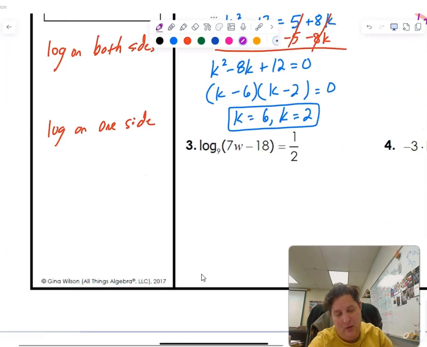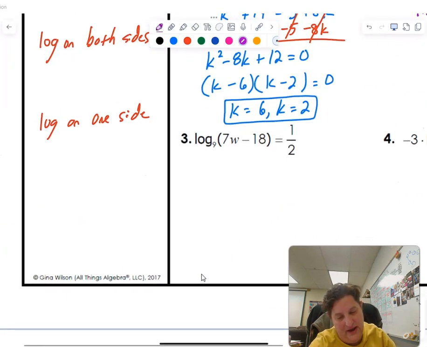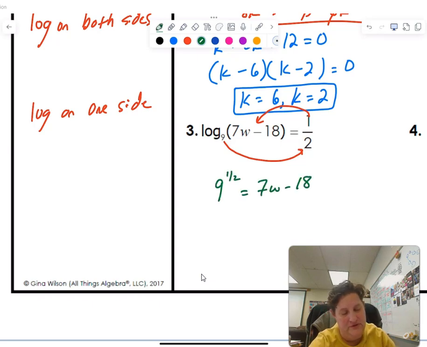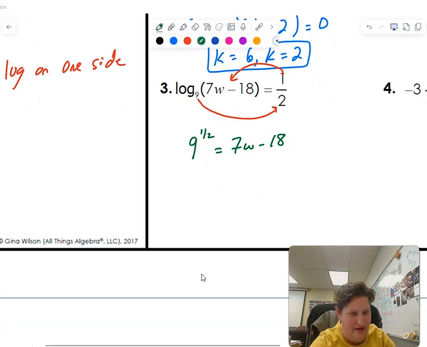Okay. Now, when you have a log on one side, you guys, it's a different process. You have to go like this. Boom, boom. Okay. So we go 9 to the 1/2 equals what's on the inside. Now, 9 to the 1/2, remember 1/2 means square root. The square root of 9 is 3.